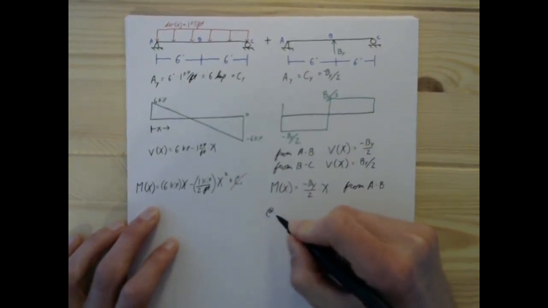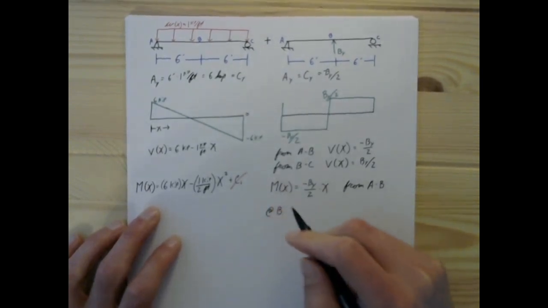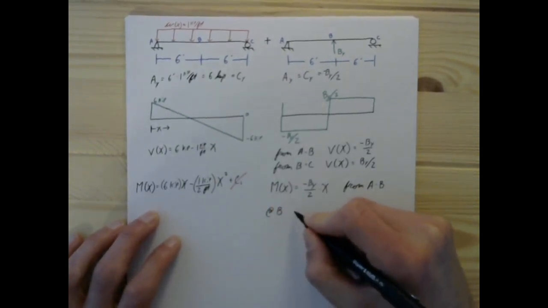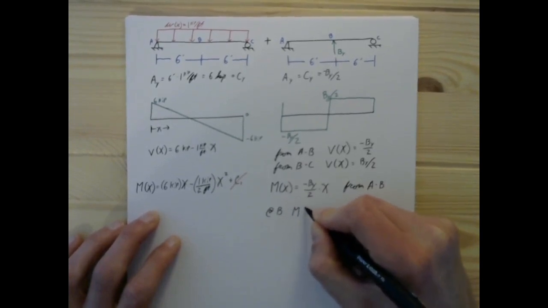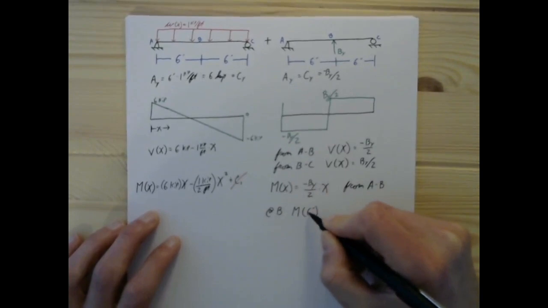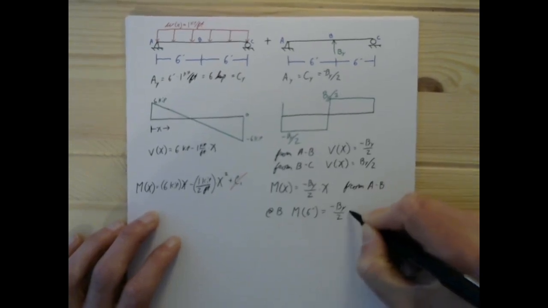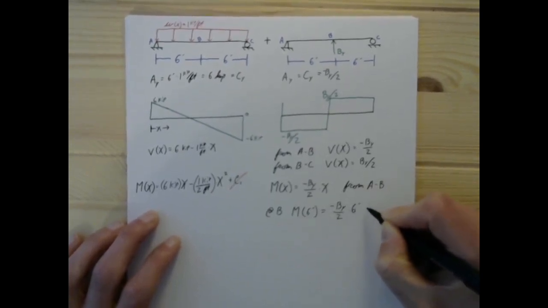But at B, the moment is going to be the moment at 6 feet, and it's going to be negative BY over 2 times 6 feet.